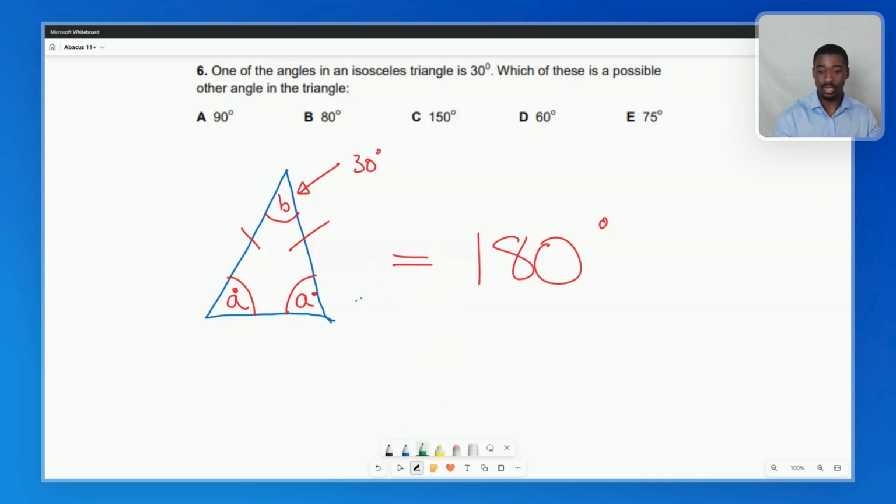The other scenario is that one of these two equal angles is 30 degrees. And then B is different. We have those two scenarios.